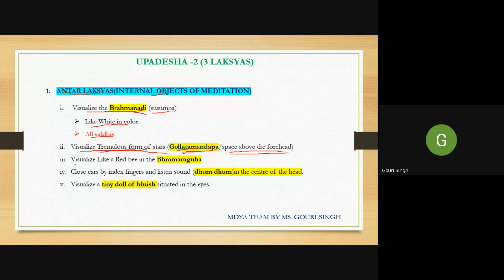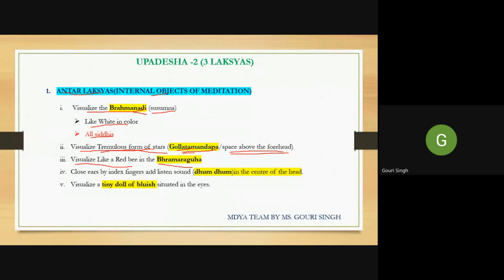Then the third one is to visualize like a red bee in the Brahmara Guha. Brahmara means bee, and how the bee's house is made, that is called the Brahmara Guha.